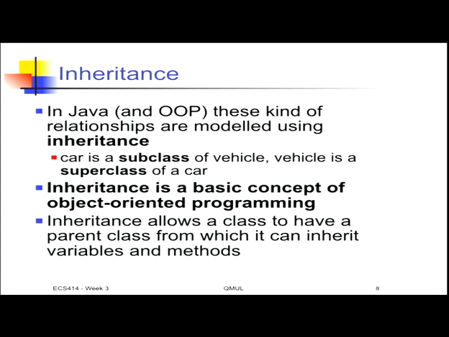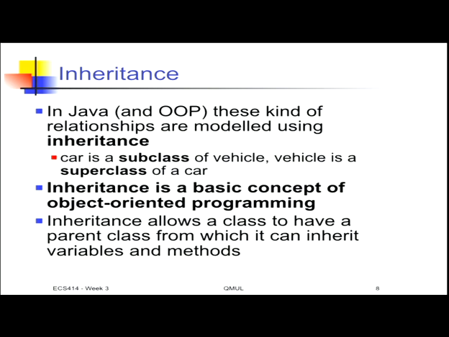So I insist that if we want to understand inheritance and the reason things work well in inheritance, we should try to understand it in terms of the "is a" relationship. So a car is a subclass of a vehicle because a car is a more particular concept than vehicle, or vehicle is a more general concept of car.